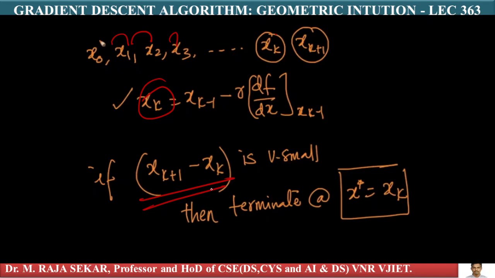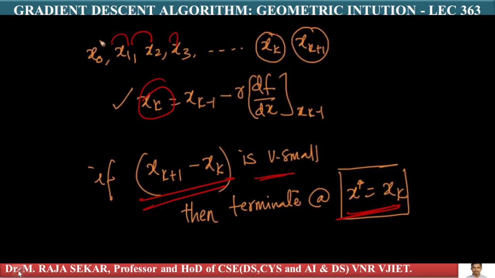If xk plus 1 minus xk is very small, it means your xk has reached the optimal value. If xk plus 1 minus xk is very close to x star, then terminate your loop and declare x star equal to xk.